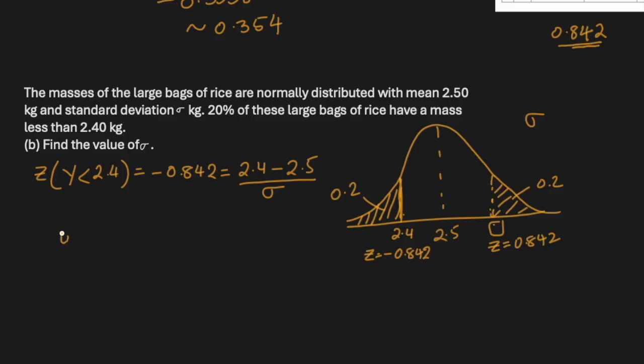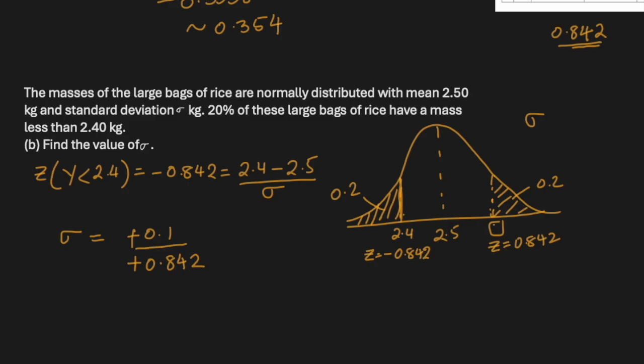Now we can find sigma by cross multiplication, which will be 2.4 minus 2.5, which is negative 0.1, over negative 0.842. So these negatives will cancel out, and let's see what we get after dividing 0.1 by 0.842.